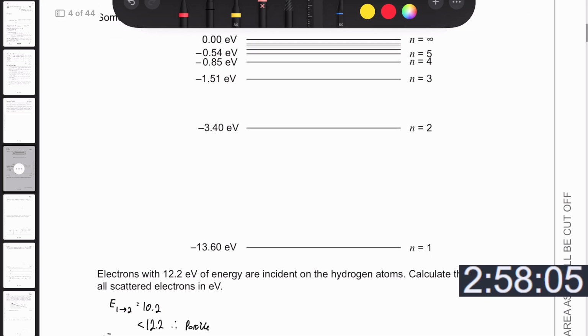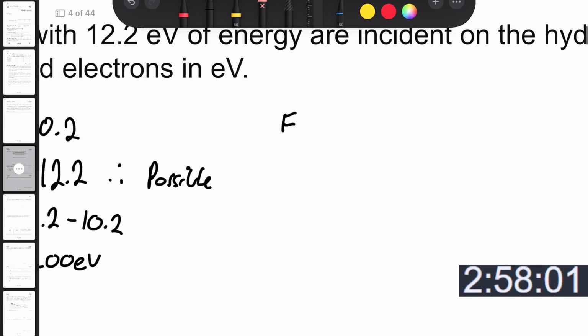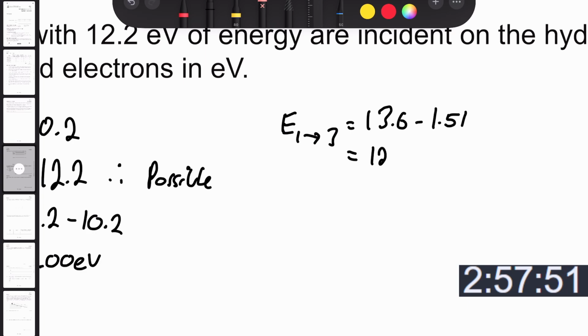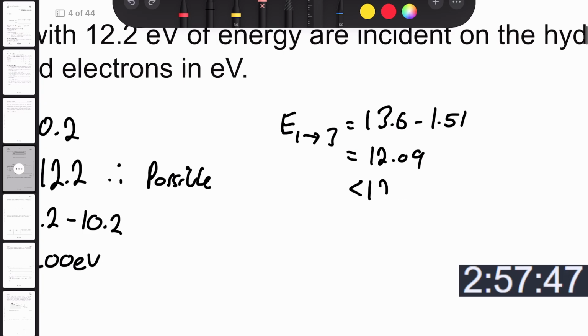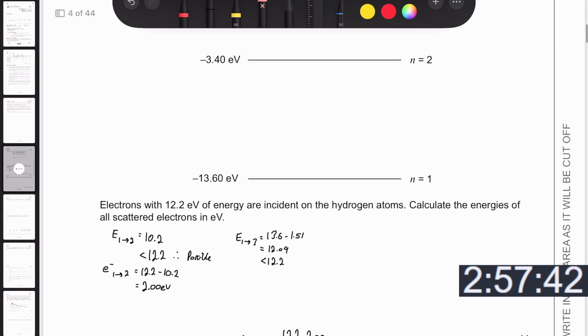It's 12.09. So then E1 to 3 is 13.6 minus 1.51, less than 12.2. But can I go from like 2 to 3? Because it doesn't say it's in the ground state.